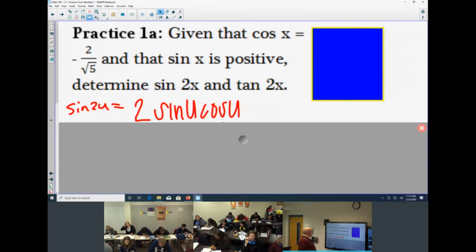If the cosine is negative 2 over radical 5, then tell me what the sine is. You can either use a triangle or the Pythagorean identity.